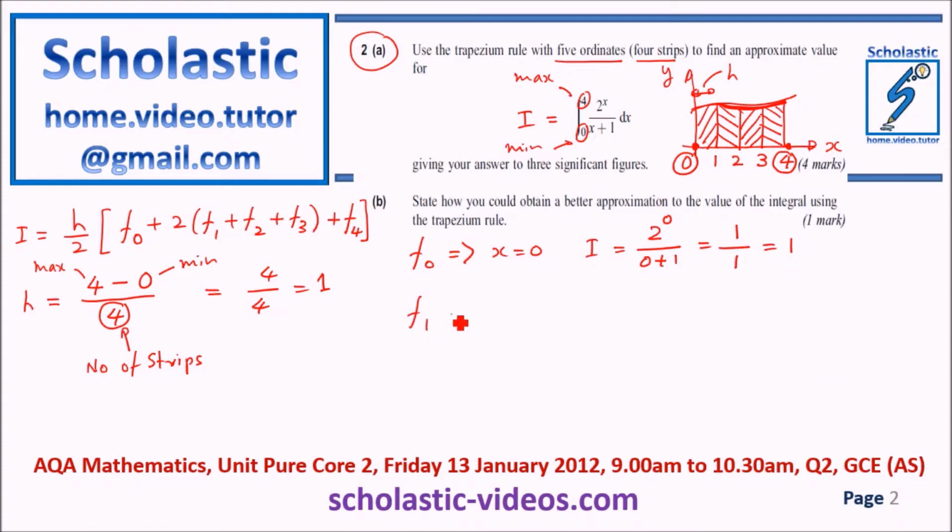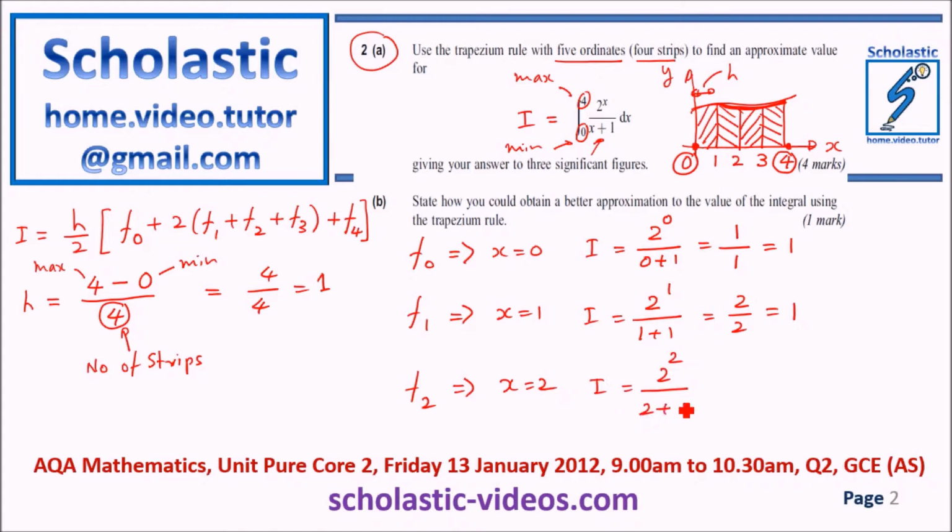Similarly f1, when x equal to 1, substitute in this function: 2 to the power 1, divided by 1 plus 1, is equal to 2 over 2, is equal to 1. f2, when x equal to 2, is 2 to the power 2 divided by 2 plus 1, which is 4 over 3.